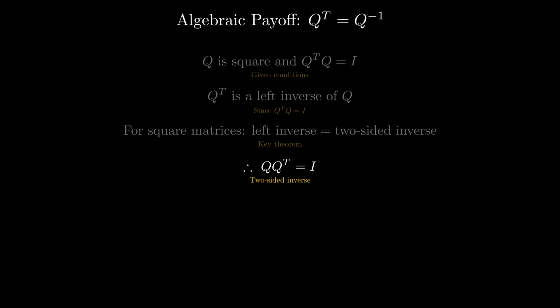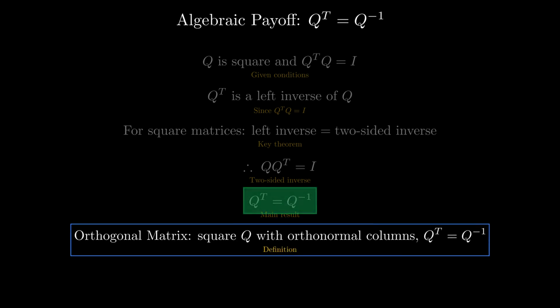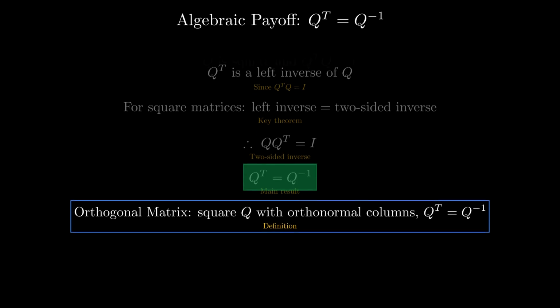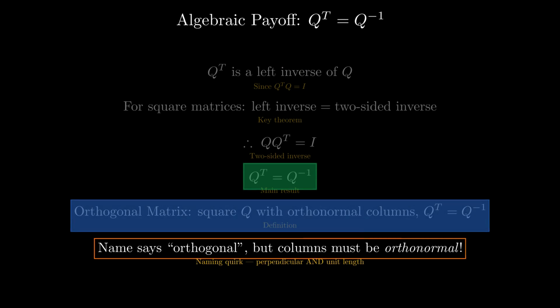So Q times Q transpose also equals I. Therefore, Q transpose is the full inverse of Q. A square matrix with orthonormal columns is called an orthogonal matrix. Notice the naming quirk. The matrix is called orthogonal, but the columns must actually be orthonormal, meaning perpendicular and of unit length. Being merely orthogonal is not sufficient.